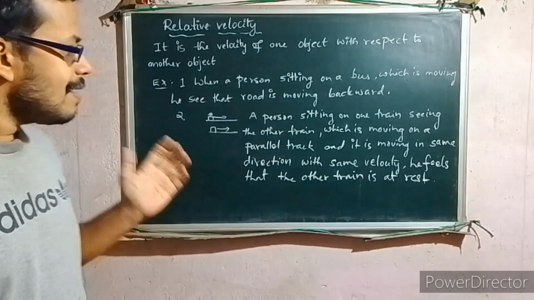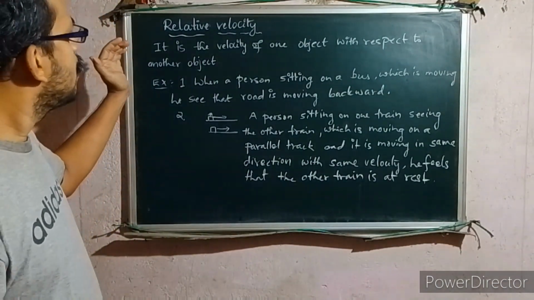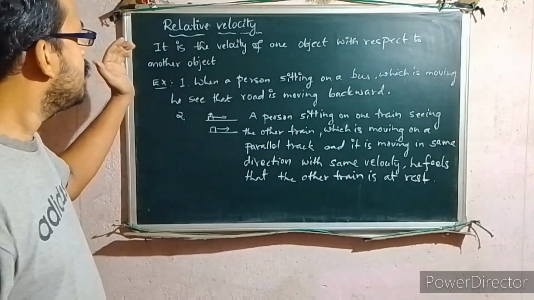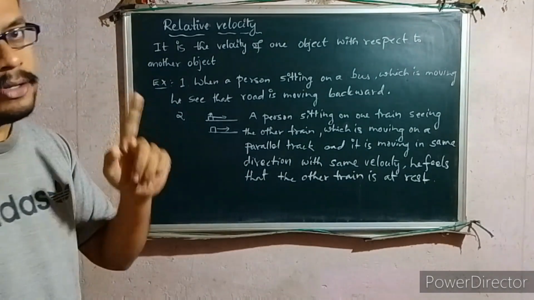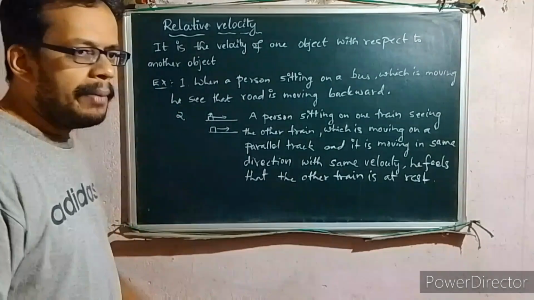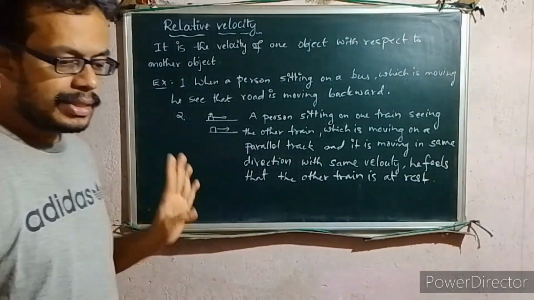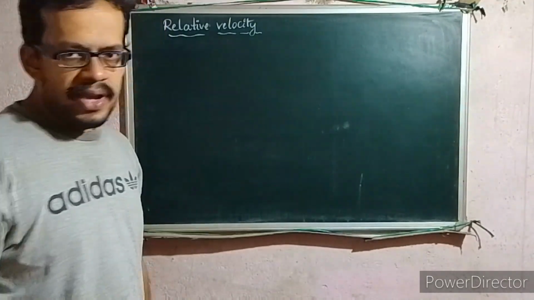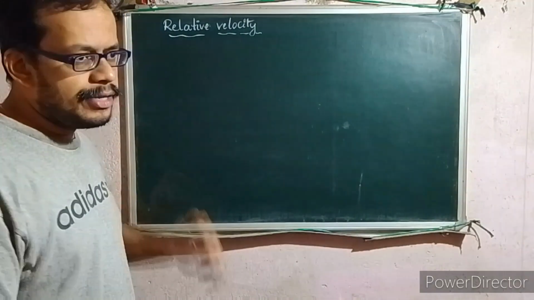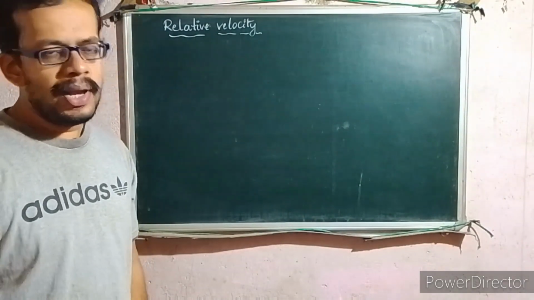Okay. So this is what we have learned today: the definition of relative velocity and two examples of relative velocity. Yes, so we understood the definition and examples of relative velocity.